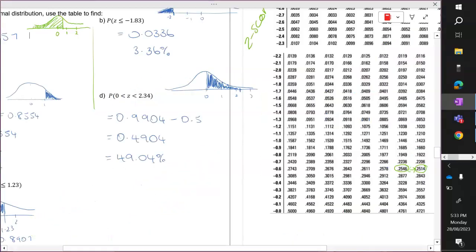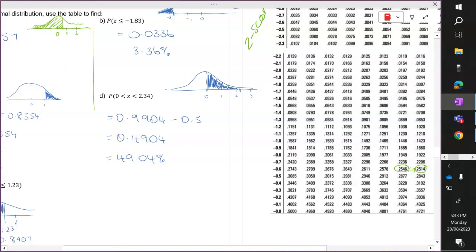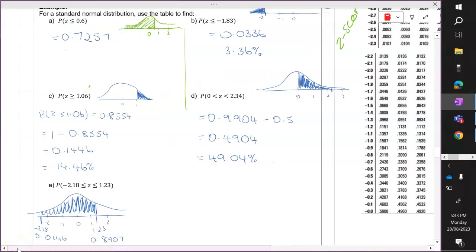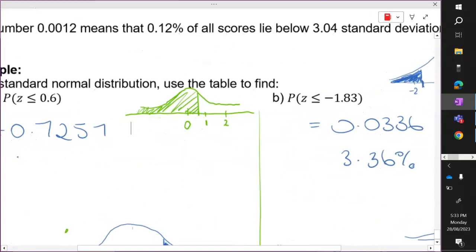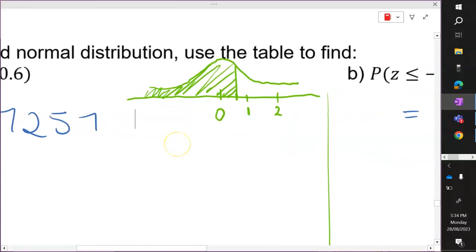Now, if you have a look at my table here, I don't have a value for 0.6. Do I? I definitely don't. I have a value for minus 0.6. So I need to figure out how I can use my symmetry to work out what the area is to the left of this curve. You might find that you do this slightly differently to me, but I'm going to pop a 0.6 in there, and a minus 0.6 in there.